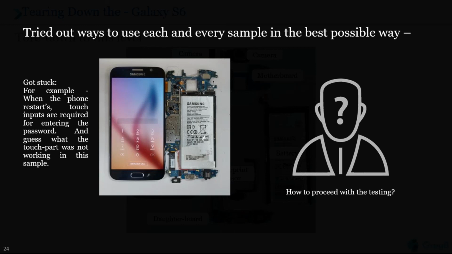Now, since this was the last sample with us, and we had ordered and got the samples from the US, and getting other samples needed certain time, we thought of making use of that sample, and we came up with a creative solution of making the touch work again.